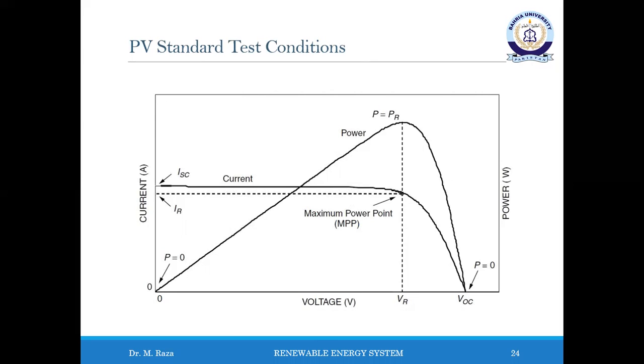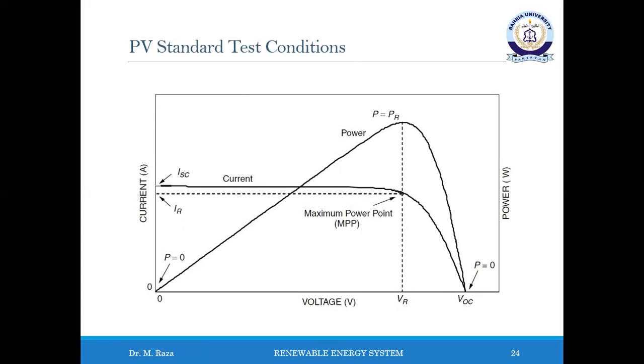If the terminals of the module are shorted together, the short circuit current will flow, but the output voltage will be zero. In both cases, since power is the product of current and voltage, no power is delivered by the module and no power is received by the load. So we have two extreme points in the graph.